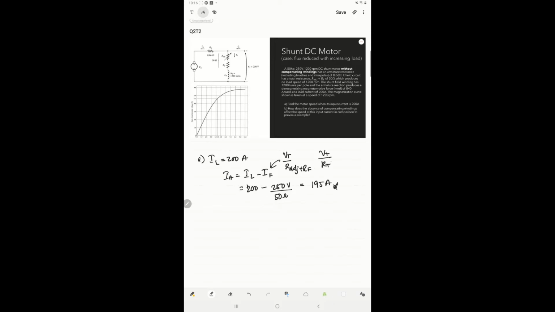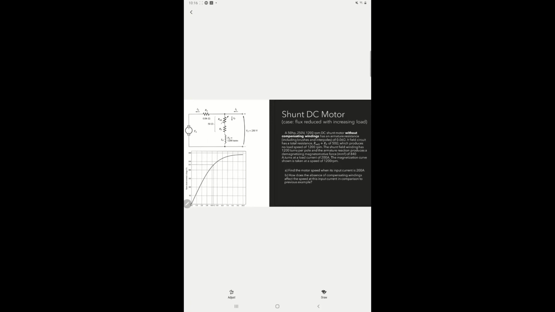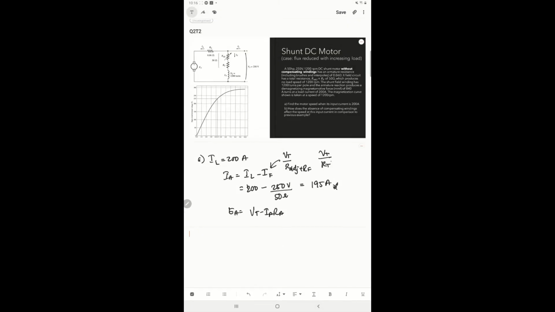And the internal generated voltage that we have is simply VT minus IA RA. Why do we minus IA RA? Because when there is a current flowing inside the machine, there is a voltage drop at the armature resistance.